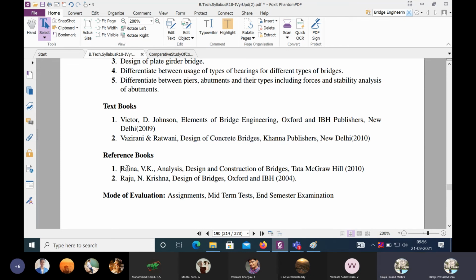The next one is by V.K. Raina, Analysis, Design and Construction of Bridges, from McGraw Hill publication. And the most common one is Design of Bridges by N. Krishna Raju. I don't know whether it is there or not, but it is a very good book.